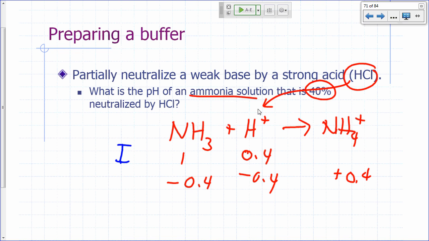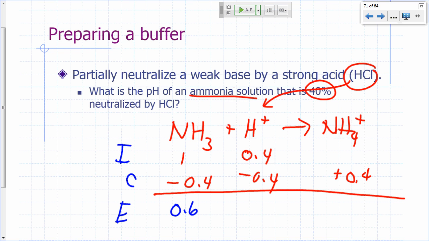Plus 0.4. Those would be your changes. So at equilibrium, instead of 1, you now have just 0.6 for the ammonia, right? 40% of it is gone. You have 0.6 left, and you have a trace amount of H+. How much ammonium would you make? Also 0.4.